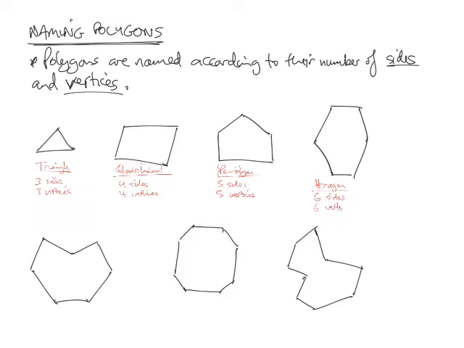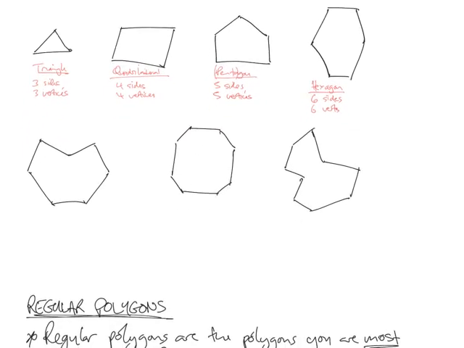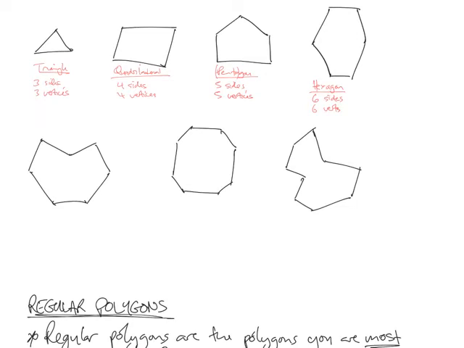I'll just write verts. For 7, it is a heptagon. 7 sides, 7 verts. 8 is an octagon. 8 sides, 8 vertices.